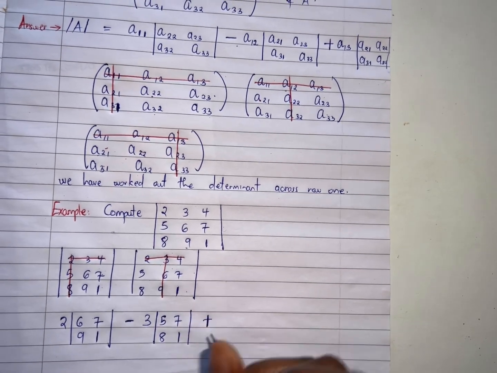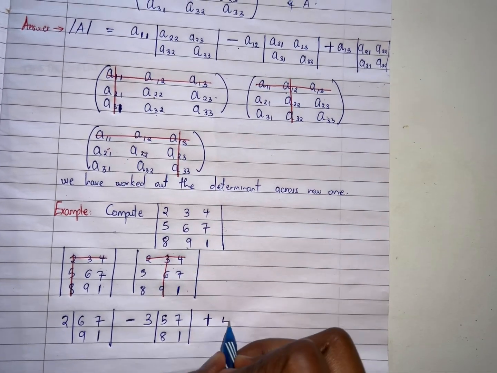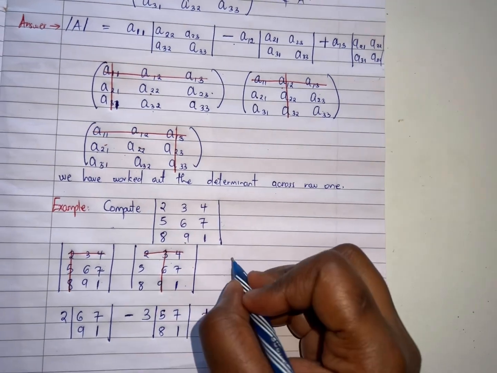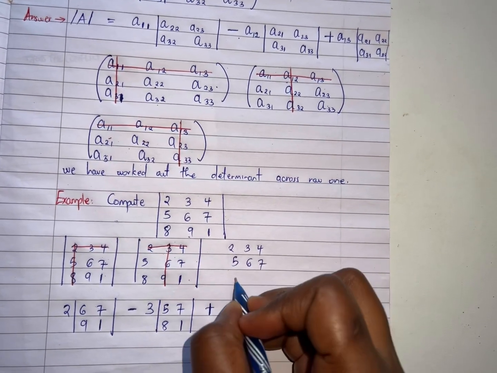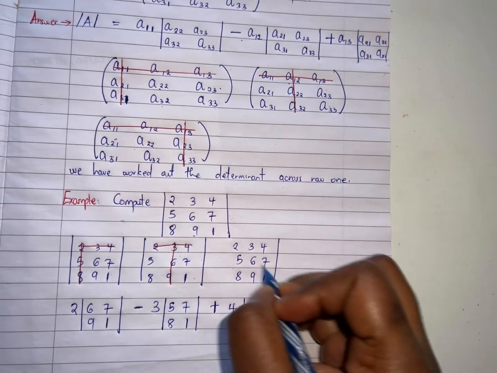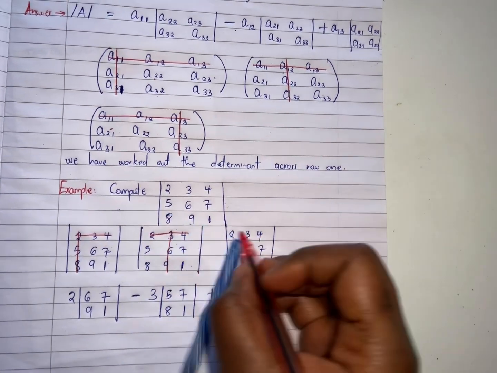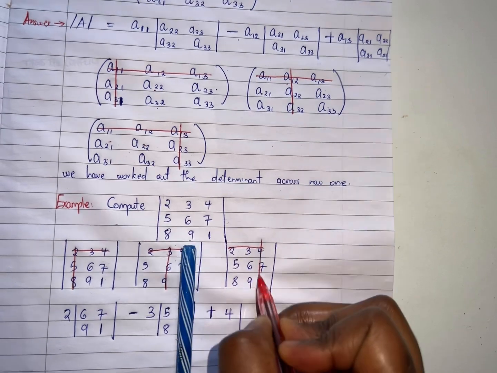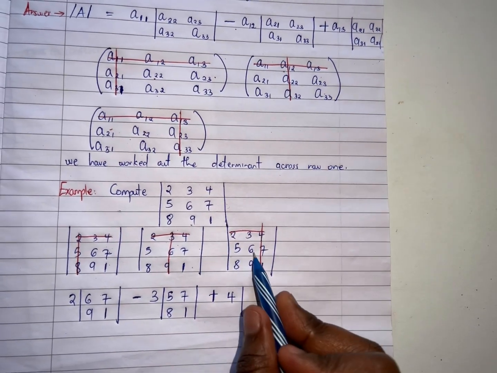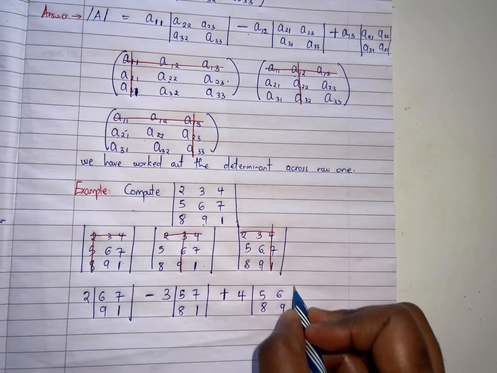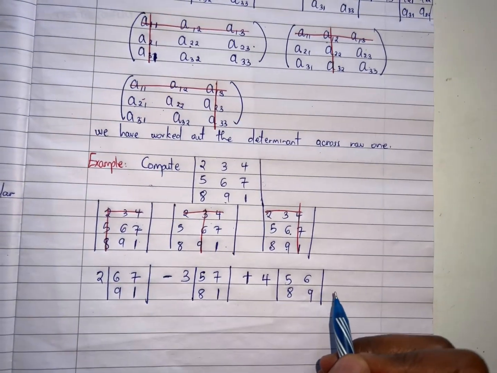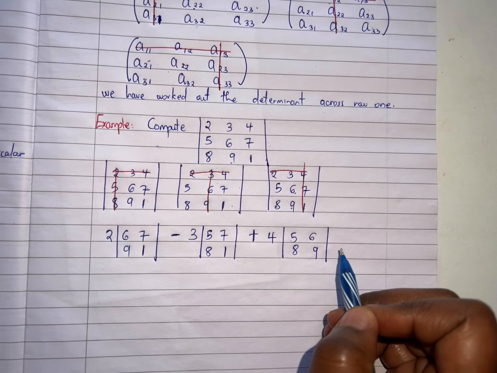Then plus 4. We cancel the row and the column where 4 exists, and we're going to have 5, 6, and 8, 9. And those are the values that we need to work out the determinant.